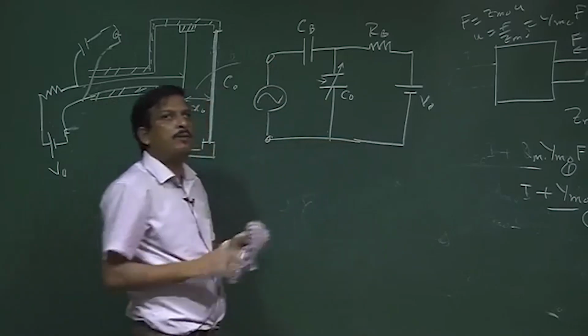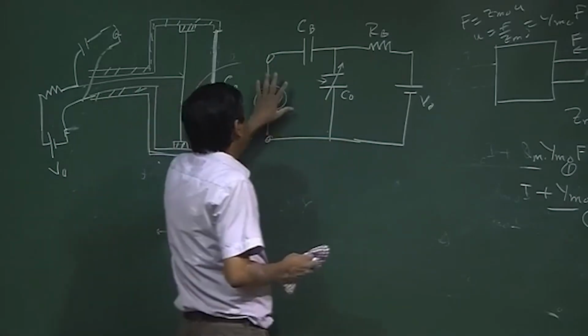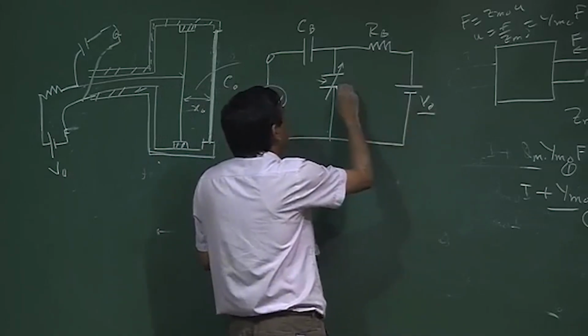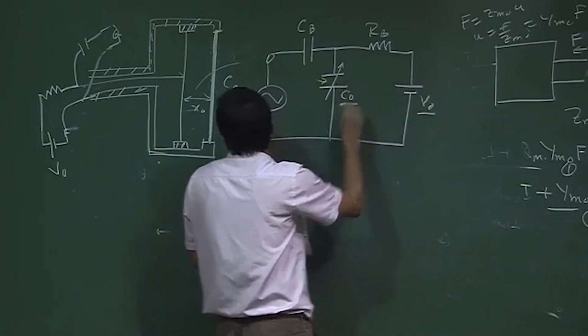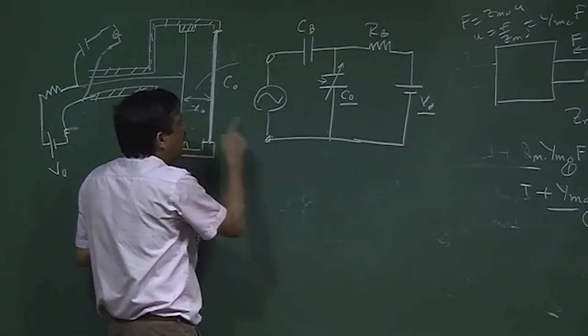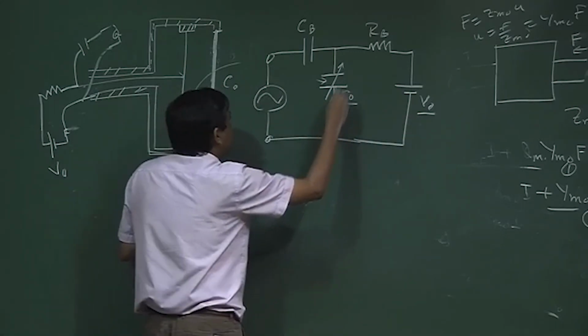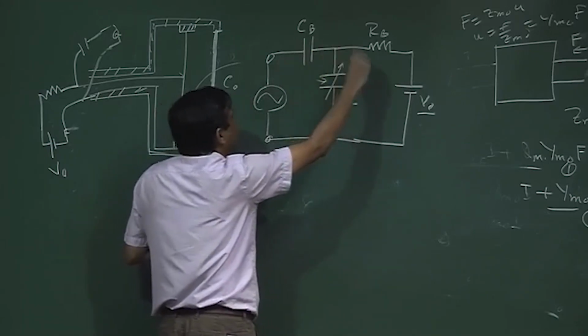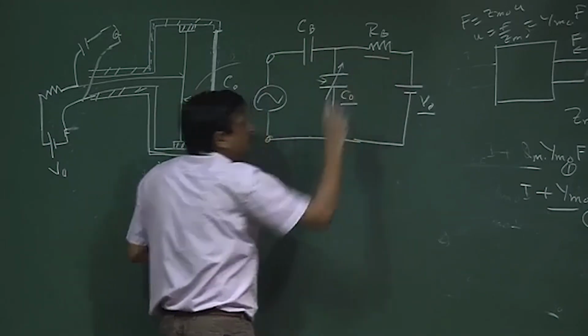So, let us describe the functionality. Initially there is no signal voltage. So, V0 voltage is applied and the capacitor is charged, and at the voltage V0 the capacitance of this capacitor is C0, and the resistance RB charges the capacitor.